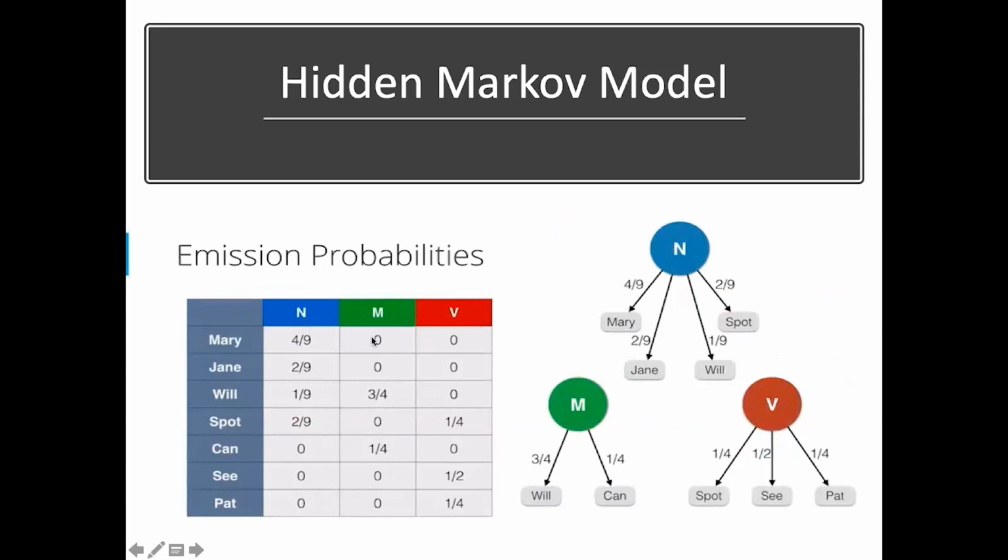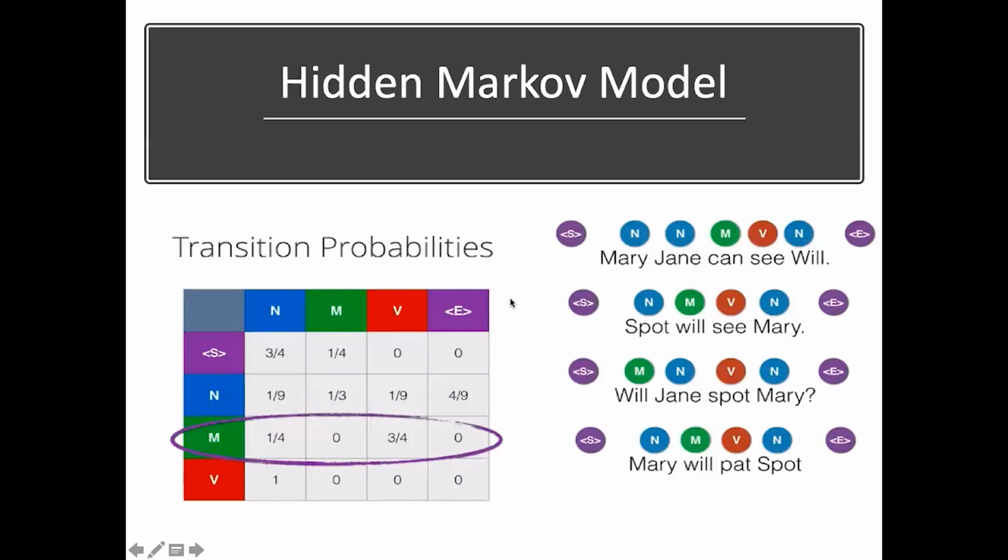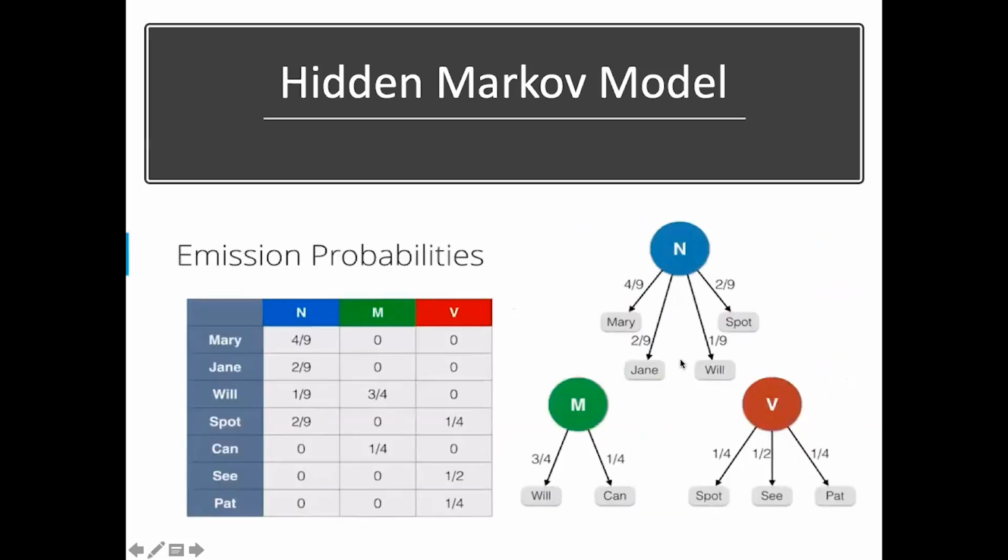Emission probabilities, on the other hand, are the chances of my word being a noun, the chances of my word being a modal, and so on. So will, in this case, has a very high probability of being a modal and a very low probability of being a noun. But you will see that the Markov model handles this beautifully because it takes into account both the transition probabilities and the emission probabilities.